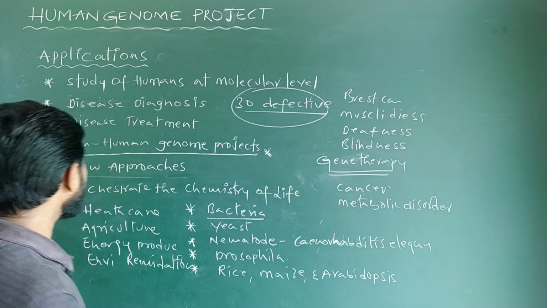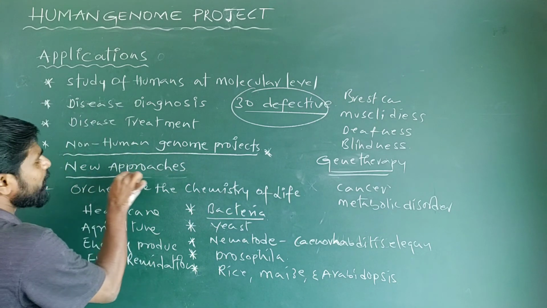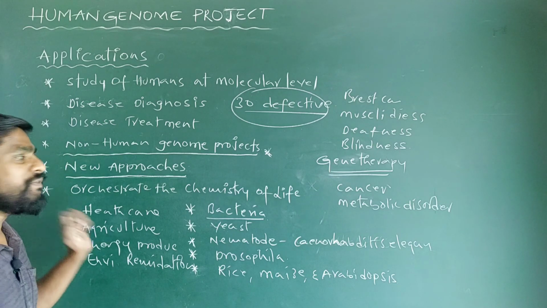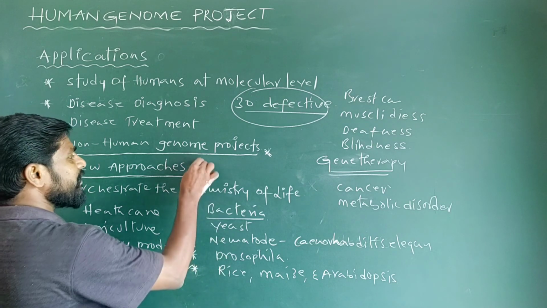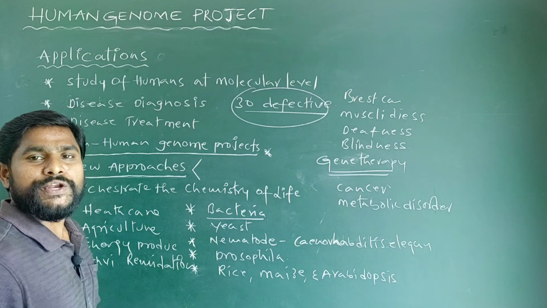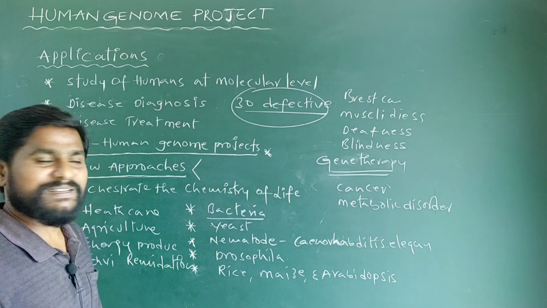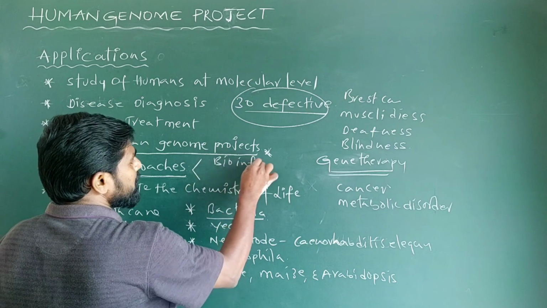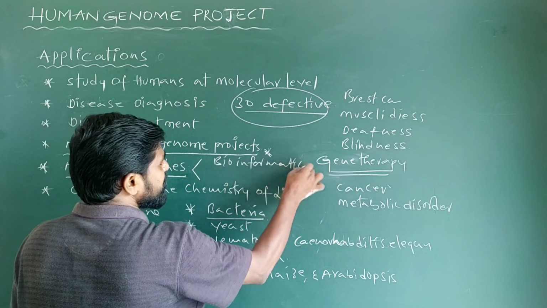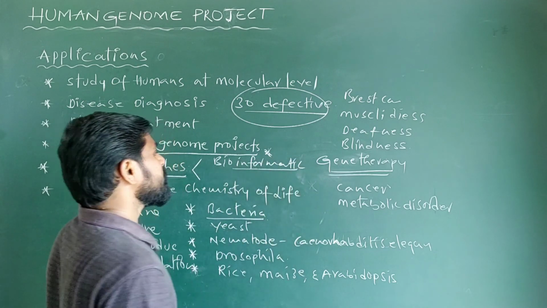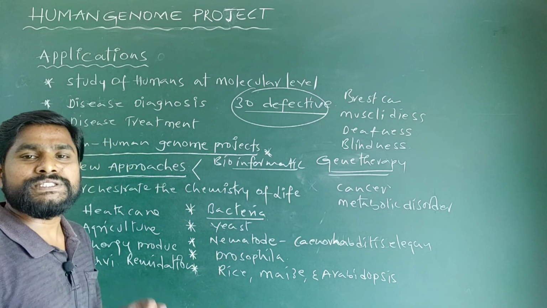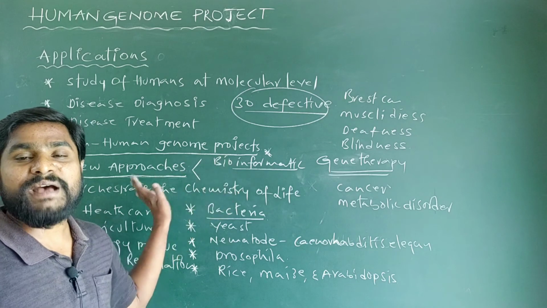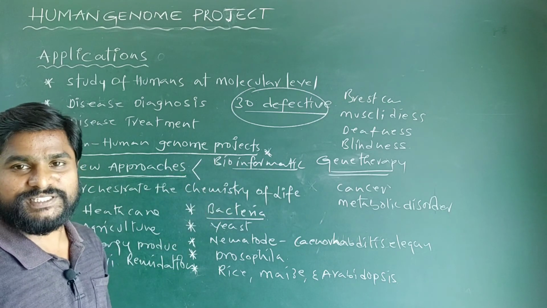And the next application is the development of new approaches in biological research. With the advent of the Human Genome Project, we now have new branches in biological research. Those are bioinformatics, which is a new branch of science that uses computational programs in solving problems in biological research, developed parallelly with the Human Genome Project.